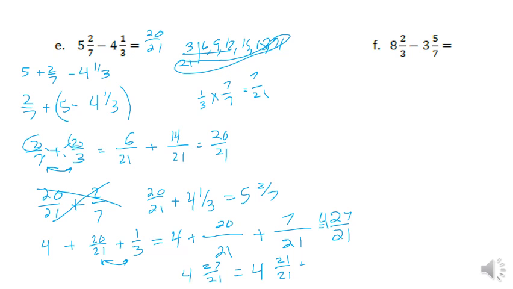So our full answer is 4 27/21, which is actually equal to 4 21/21 plus 6/21, which is equal to 5 and 6/21, which when you reduce this, dividing both of them by 3, you're going to end up with 5 and 2/7, same thing. So this answer checked, so we know we did the subtraction correctly. So that's how you would go through and check your work.